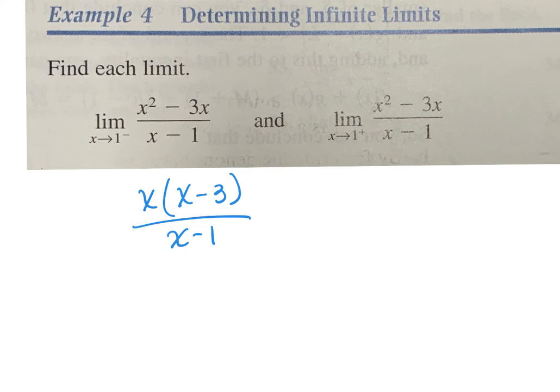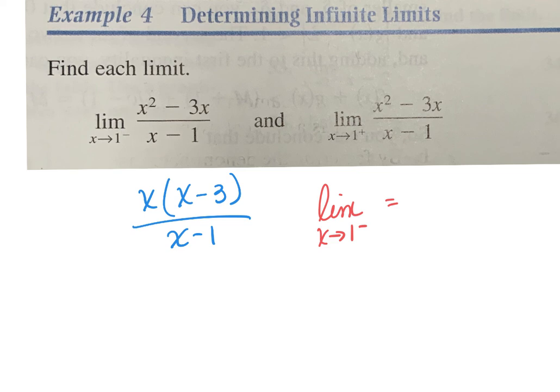So now I'm going to figure out what's going on. Once you figure out you have a vertical asymptote, you know your limit is going to be an infinite limit. You just have to figure out positive or negative, all right? So let's figure out positive and negative. We're going to look at from the left-hand side first.